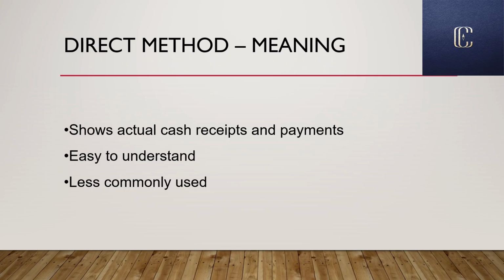Everything is shown directly in cash terms. That is why it is called the direct method. And direct method shows the actual cash receipts and the payments. This is the biggest feature of the direct method.